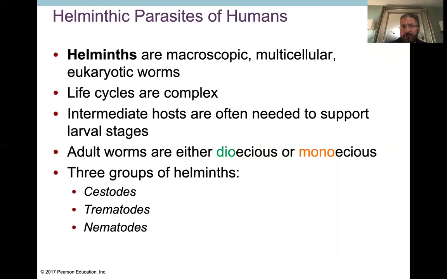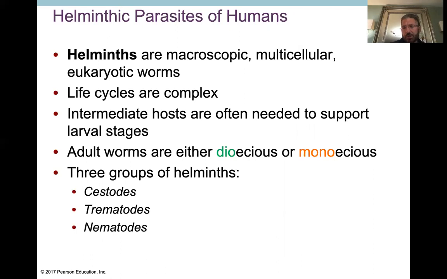So if you're thinking worm infection, some kind of fluke or parasite, if you ordered a CBC with differential, just realize your eosinophils are going to be elevated, possibly your basophils with the inflammatory process. So these life cycles are complex.